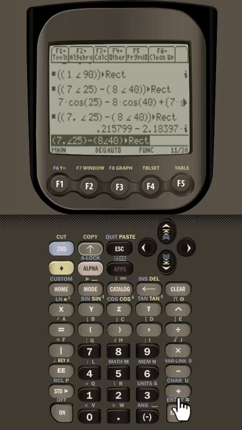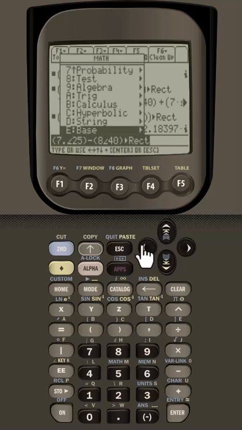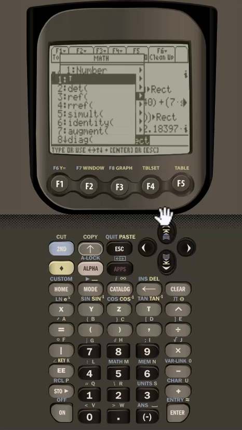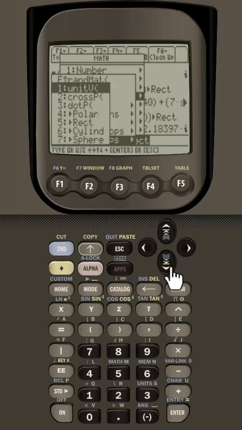Let's see, what else might you need to know? So there's the angle, there's the j. You can do any kind of calculations you want. Let's go back and look at that math menu. Under matrix. Oops. Matrix. Vector operations. Polar, rectangular, cylindrical. No, nothing there.